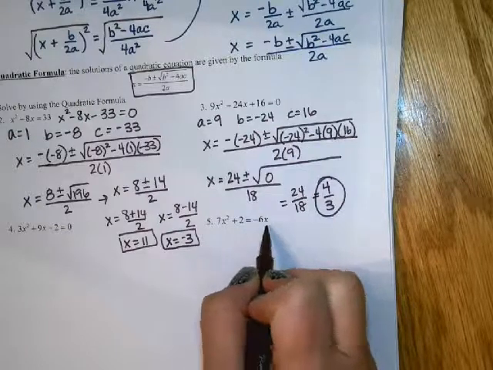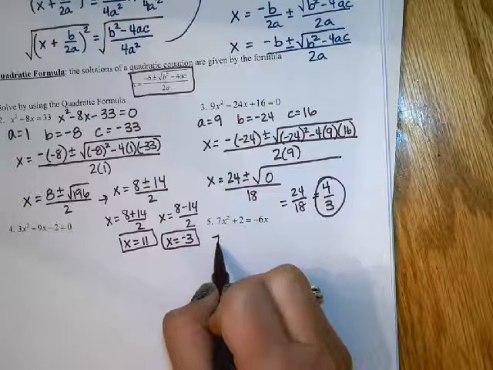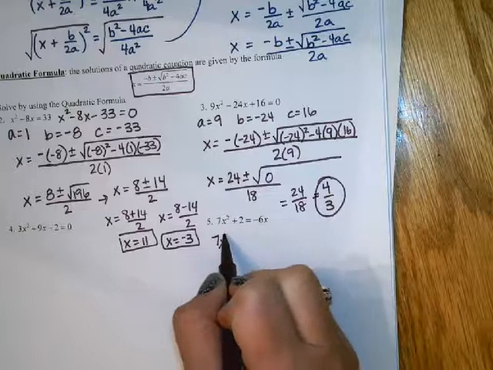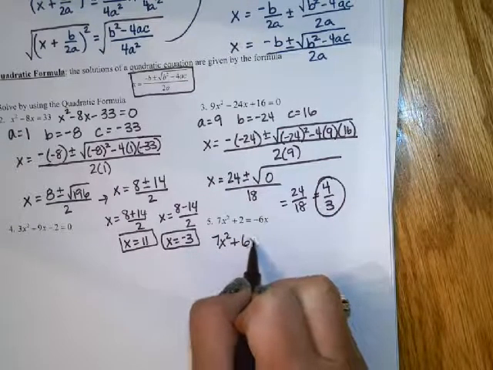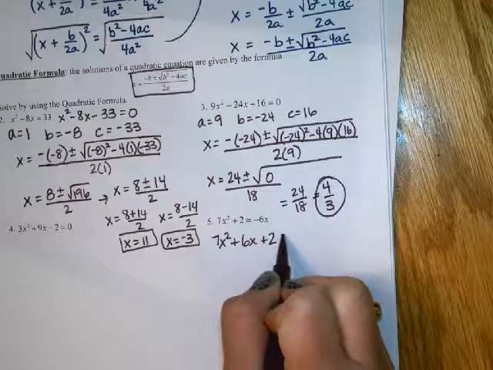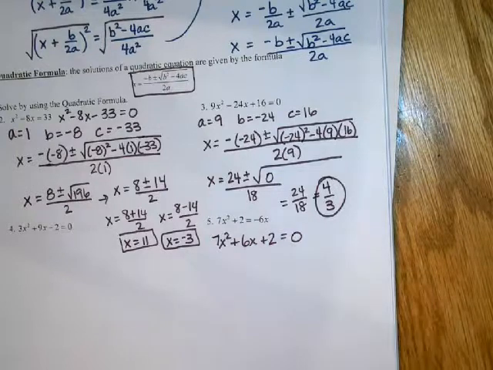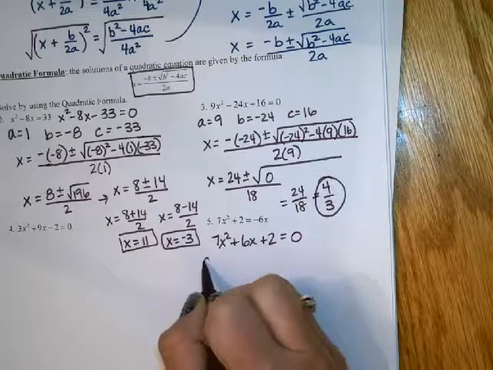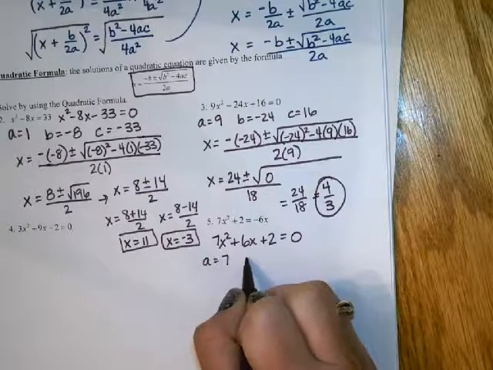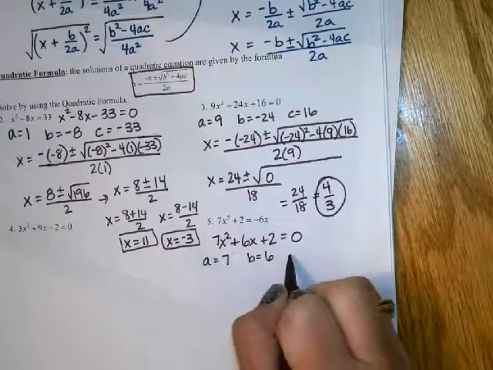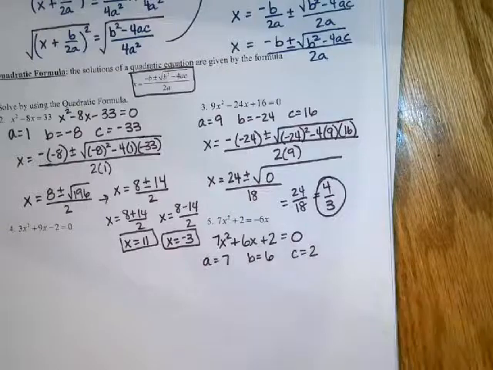All right, so I have a negative 6 on this side, so I'm going to add 6 to the other side. So 7x squared plus 6x plus 2 equals 0. So A equals 7, B equals 6, C equals 2.